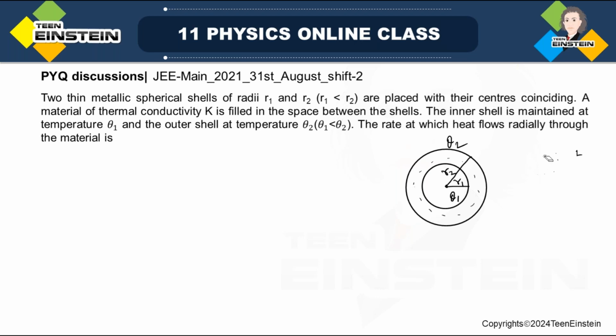Wherever there is a temperature gradient, there will be flow of heat, that is for sure. So I have to find the rate, that means dQ by dt. If you know the formula for this, then it is very simple. If you don't know, let me tell you what you have to do.